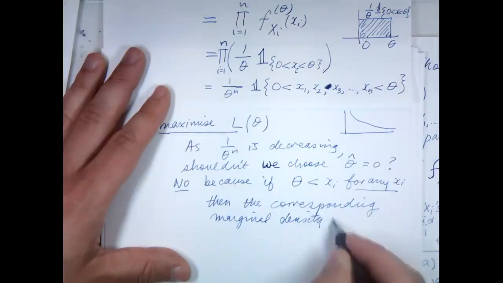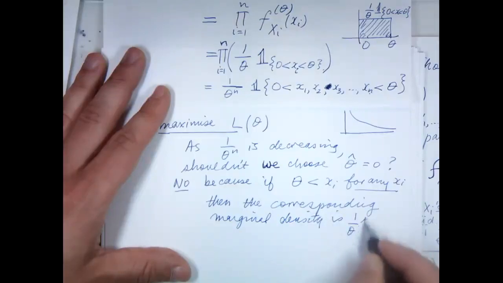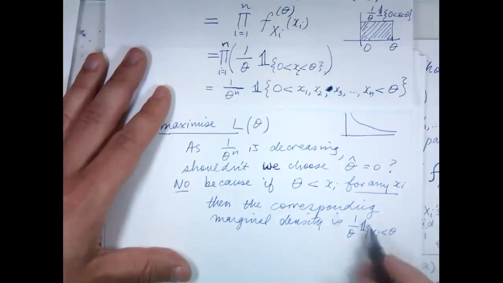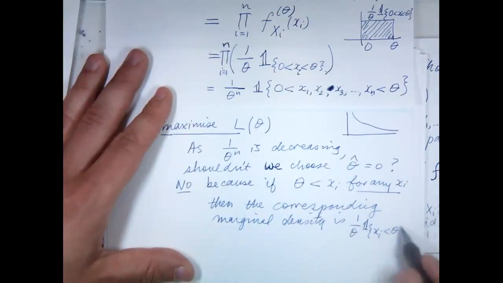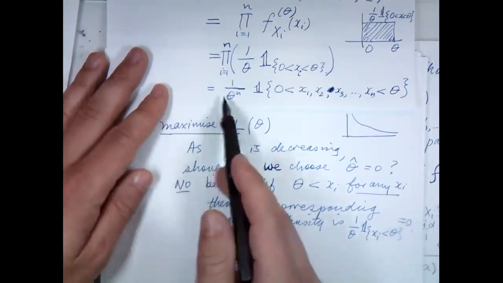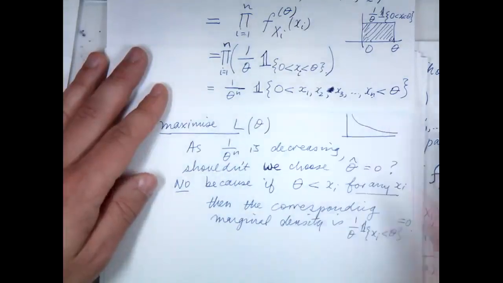Density is 1 over theta, indicator function that xi is less than theta, but since theta is less than xi, that is equal to 0. Okay, so that's clearly not a maximum. This likelihood is non-zero when theta is bigger than that.